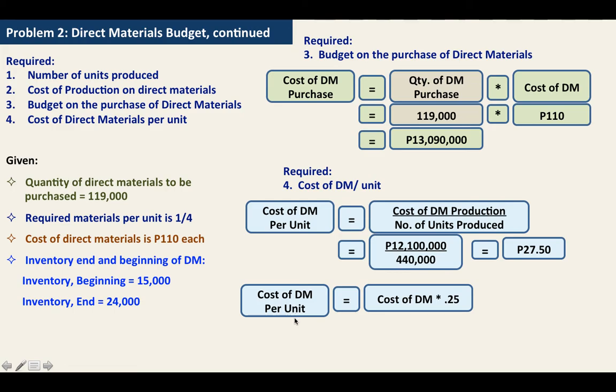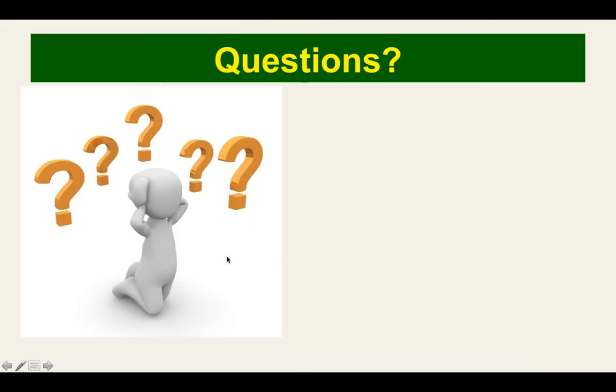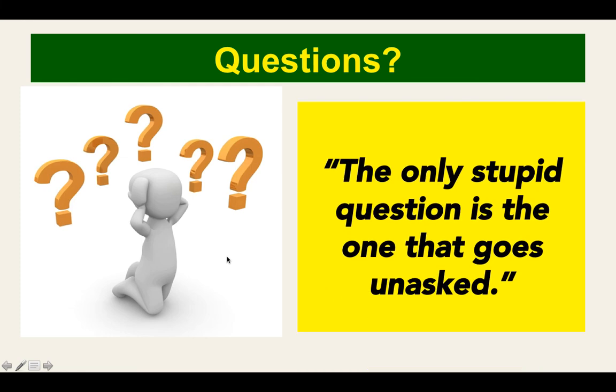The cost of direct materials per unit is equivalent to the cost of direct material per piece times the 0.25 we need, so it will also give you 2,750.